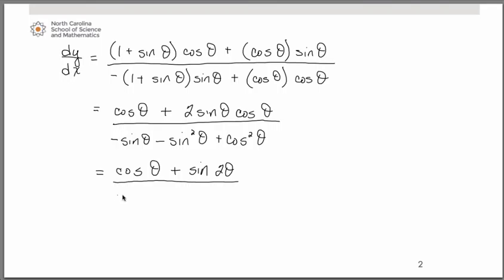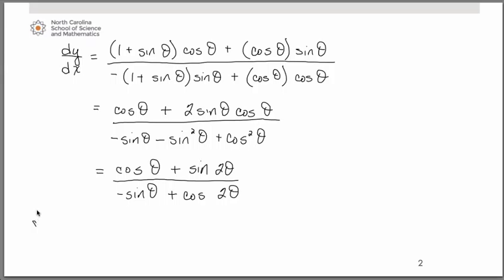In the denominator, we have negative sine of theta, and then notice we have minus sine squared of theta plus cosine squared of theta. Well, that's the identity for cosine of 2 theta, which is cosine squared of theta minus sine squared of theta. So this becomes plus cosine 2 theta. Again, not necessarily mandatory, but it does make your calculations a little bit easier.